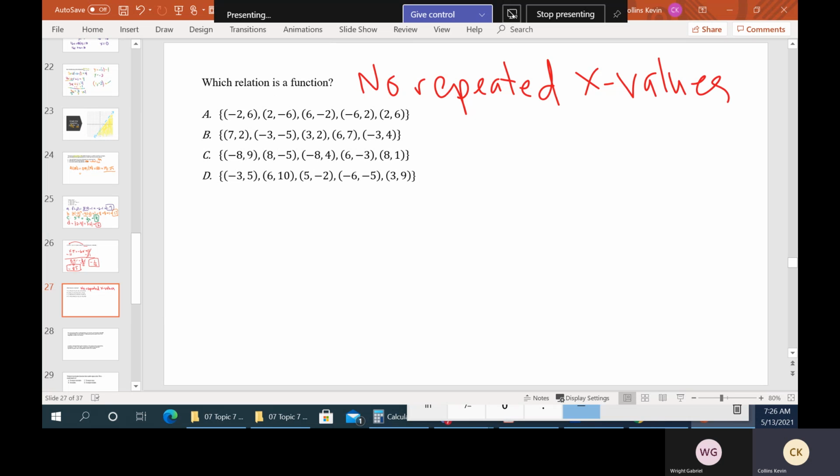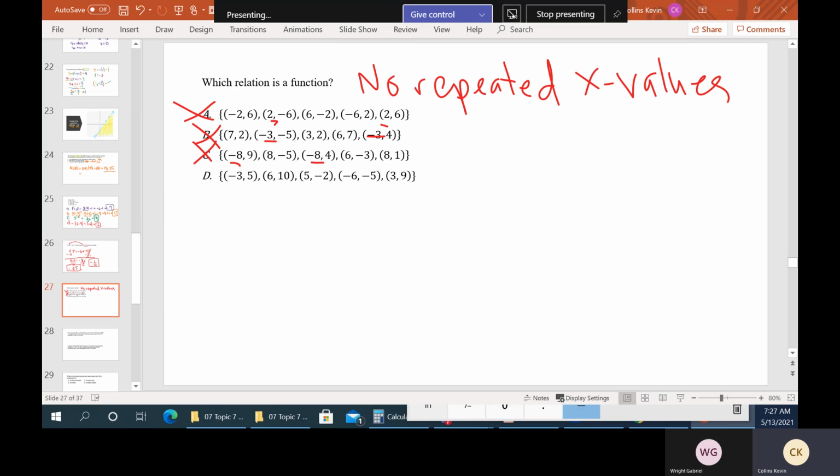Okay, so let's look here. So here's a 2, and here's a 2. So the x values repeat. That's not a function. The next one, we've got 2 minus 3, 3. Okay, so we get 2 minus 3's in this guy. So no. Next one, we get 2 minus 8's.